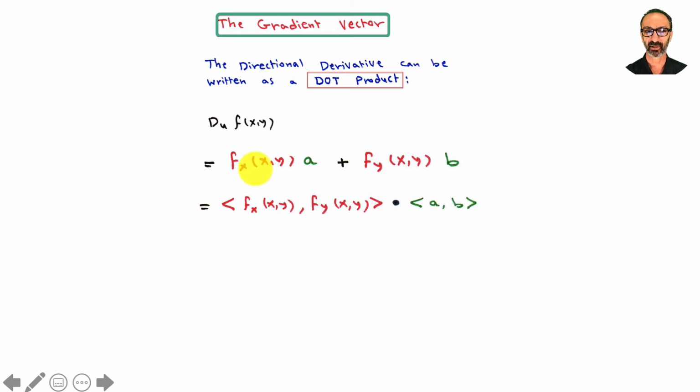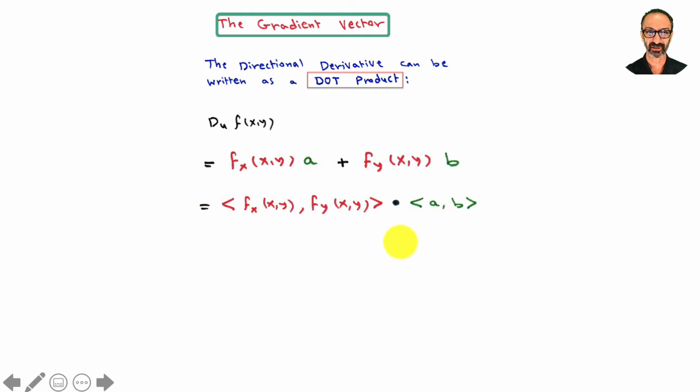I'm keeping the colors to show you that if you multiply this by this and the second part by the second part and add them, this is actually the answer for a dot product between two vectors. This is an interesting vector that has a lot of uses and applications.